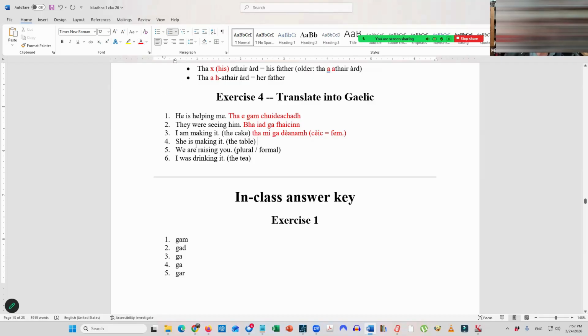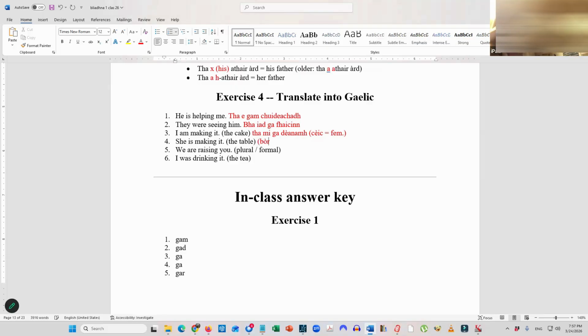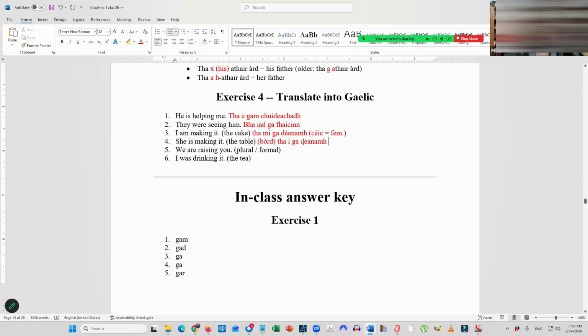Okay. She is making it the table. How would you say table? Bort. Ha i ga... Bort being what?